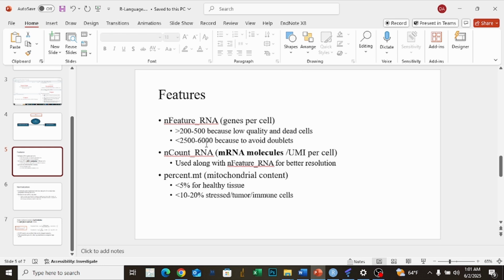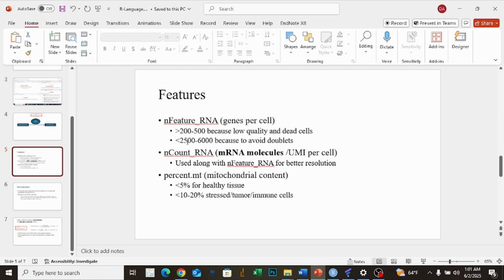It should not be more than 6,000. Sometimes it is set at 2,500 or 6,000, or simply 7,000. But from our visualization, our data lies between about 500 and 5,000.